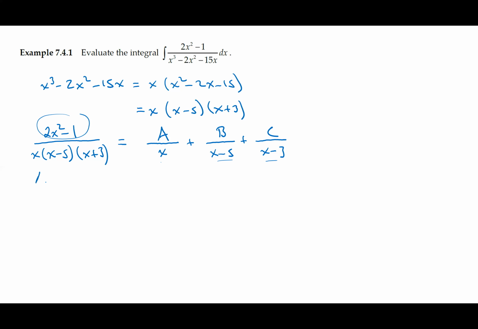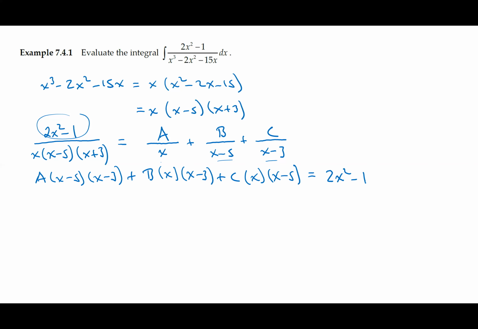I have A times x minus 5 times x plus 3, plus B times x times x plus 3, plus C times x times x minus 5. This equals 2x squared minus 1. All right.